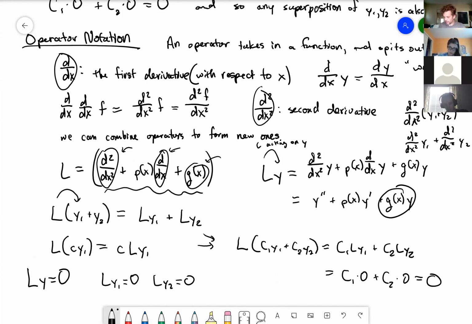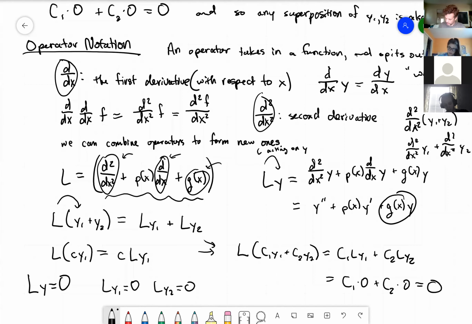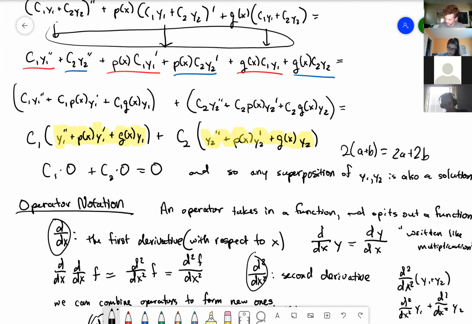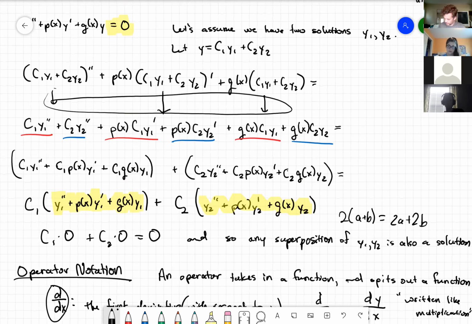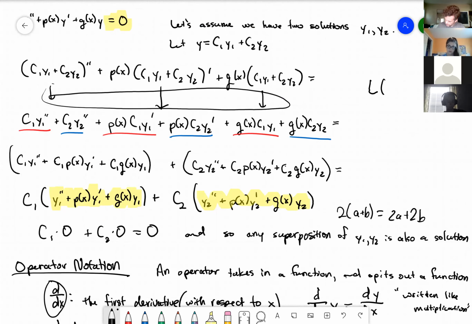So we can really condense all of this work that we did up here in the old prime, double prime notation. All of this can be condensed down to L of (D1 Y1 plus D2 Y2) is equal to D1 L Y1 plus D2 L Y2, which we refer to as linearity, the ability to distribute like that, a property that derivatives, second derivatives, and higher order derivatives have.